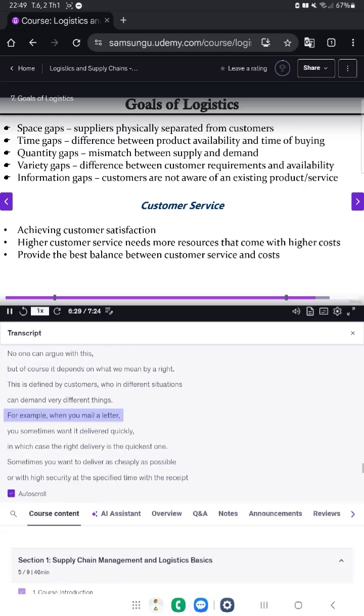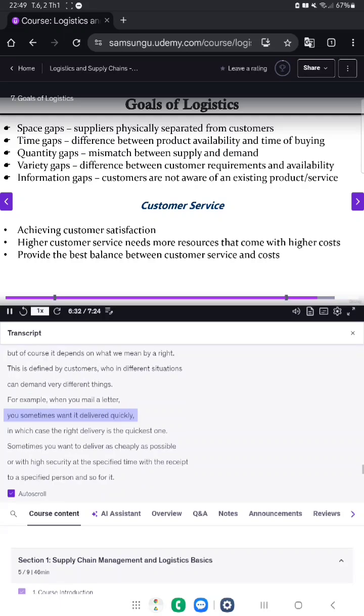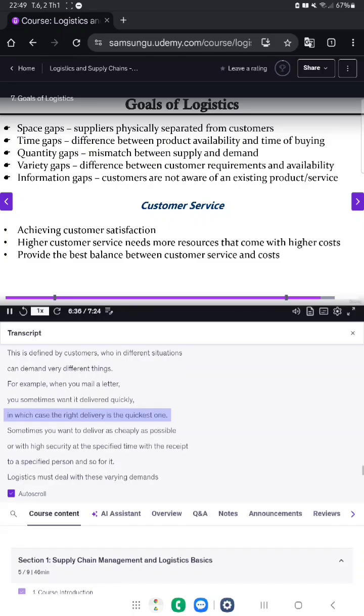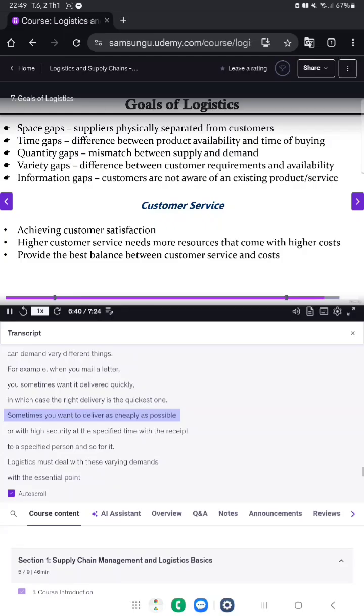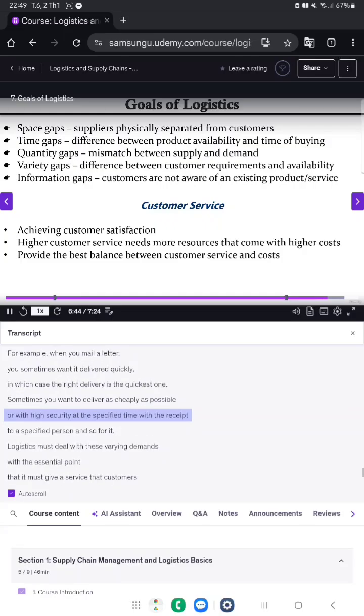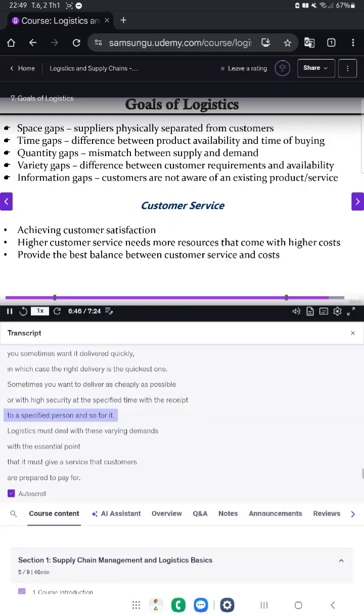For example, when you mail a letter, you sometimes want it delivered quickly, in which case the right delivery is the quickest one. Sometimes you want it delivered as cheaply as possible, or with high security at a specified time, with a receipt to a specified person and so forth.